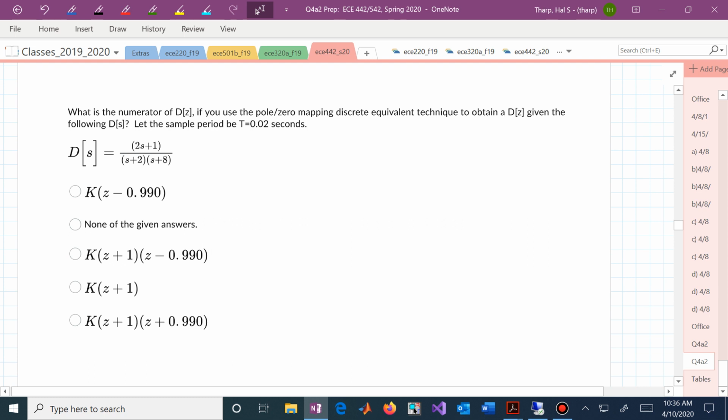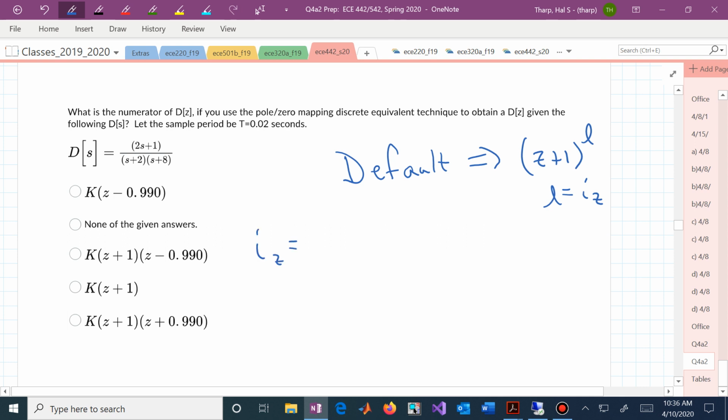Now I flip the tables a little bit on this question. I'm asking you, what is the numerator of D of z if you're doing a pole zero mapping discrete equivalent and they don't say anything about the pole zero excess in D of z. So now we are working in the default scenario, which says that we want L in our mapping to equal I sub z. How many zeros at infinity do we have in the S-plane?